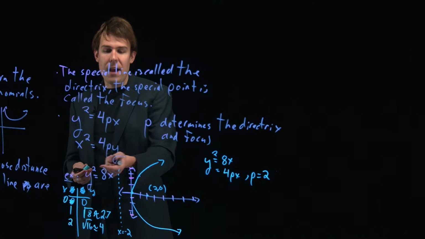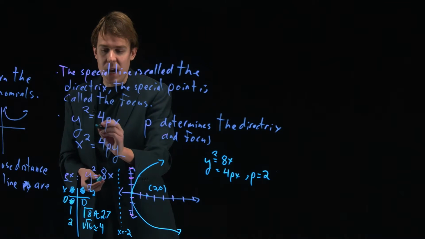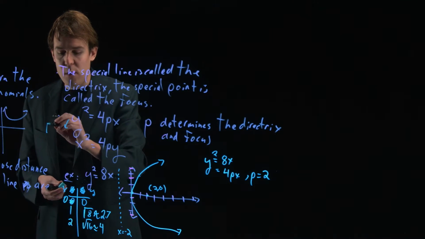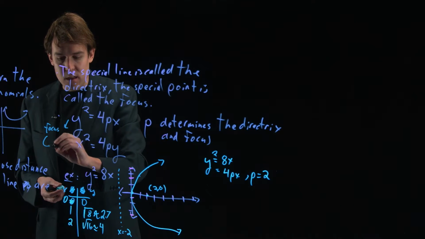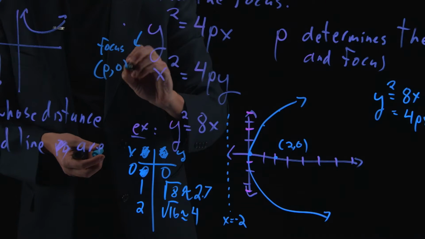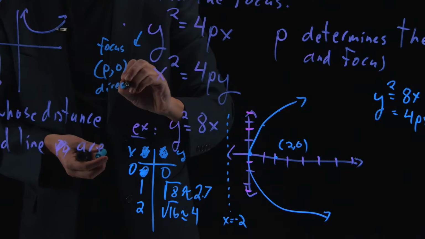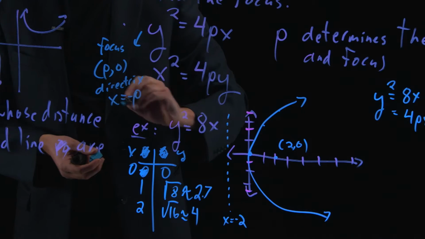So in the case that I have something of the form y squared equals 4p times x, the focus is at p, 0, and the directrix is x equals negative p.